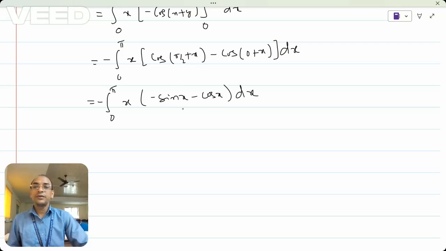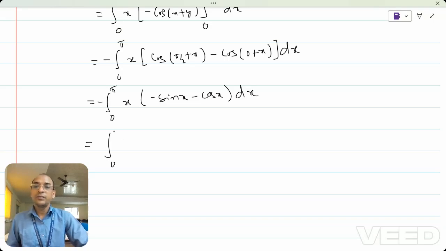Since minus is present everywhere, I will multiply with this minus, and we will get the integration from 0 to pi of x into sin x plus cos x dx.